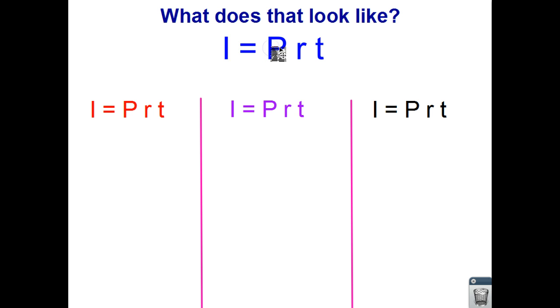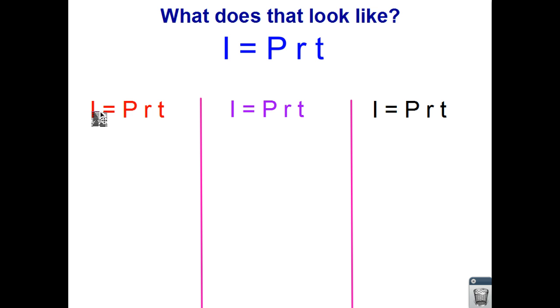In this one, we have the I isolated by itself. So the I is by itself, which means we need to know what the principal, rate, and time is. We can multiply them all together and it spits out this interest answer. Well, the other 3 ways, sometimes we don't want to find the interest. We don't want to isolate it by itself.